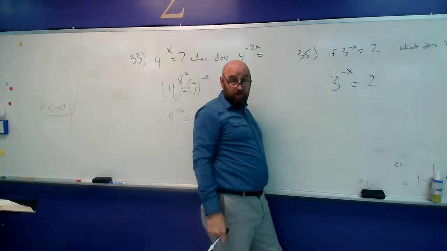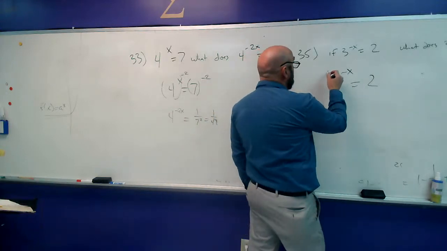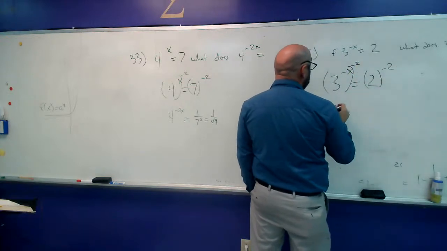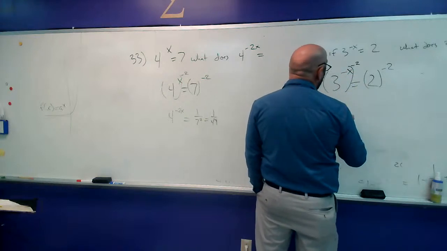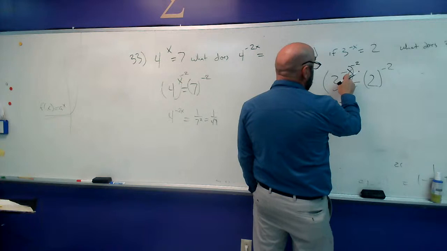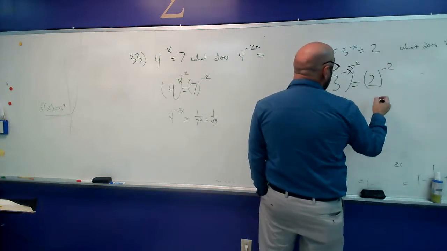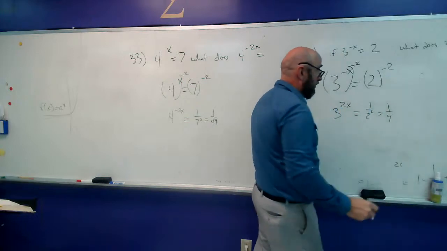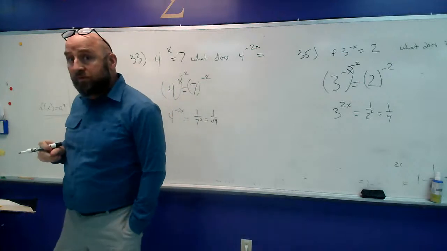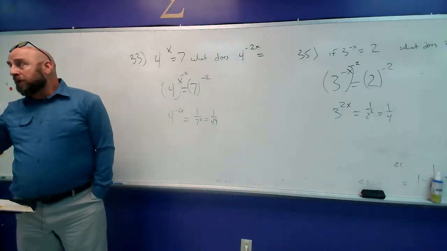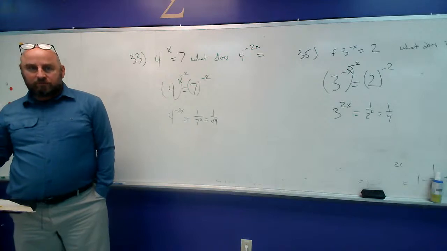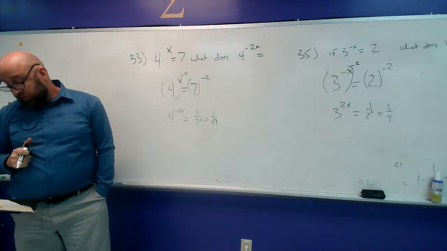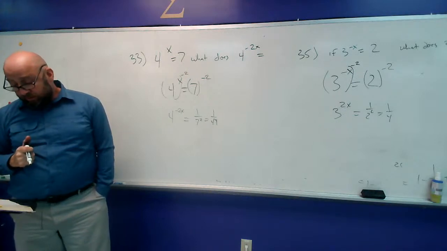What's that? Both sides to the negative 2. So we just have to go negative 2, negative 2, and we're going to get 3 to the 2x, because negative x times negative 2 is 2x, to the negative 2, 1 over 2 squared, which equals 1/4. Right? Your ability to do the algebra with bases and exponents will determine your ability to do these types of problems.